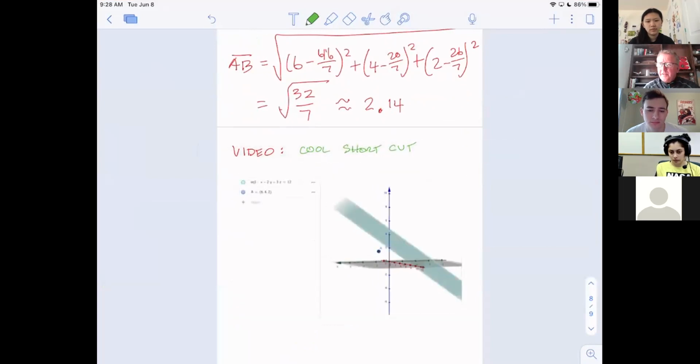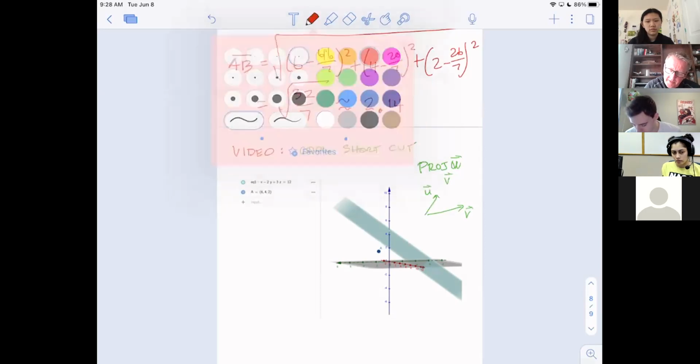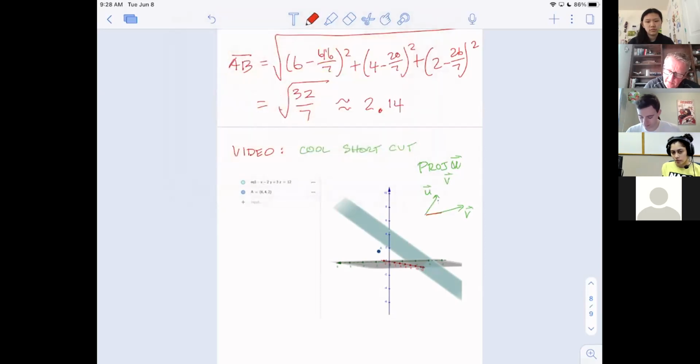So the cool shortcut for this takes into account the projection. Remember that whole formula we had where we looked at the projection of U onto V? If this was V down here and we had U up here, the projection of U onto V was taking that down, like that.